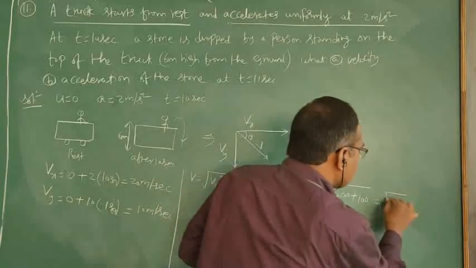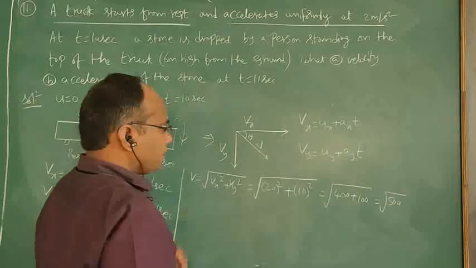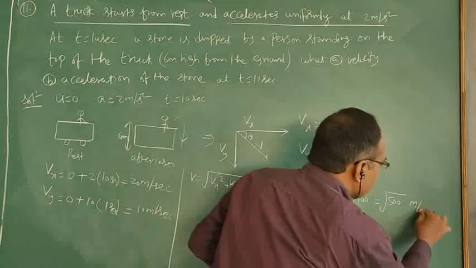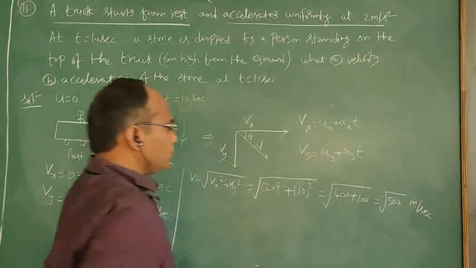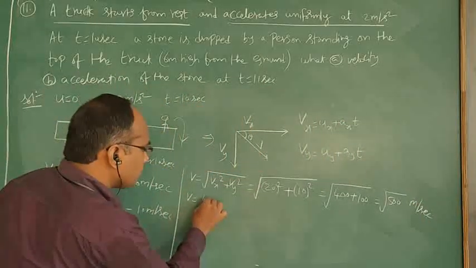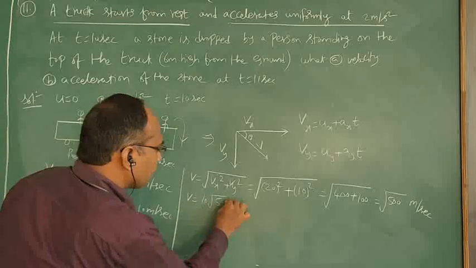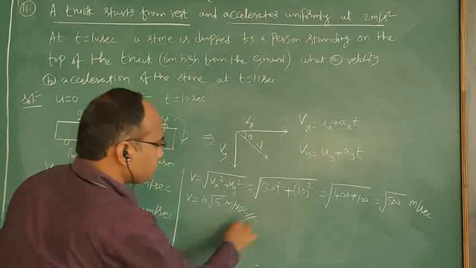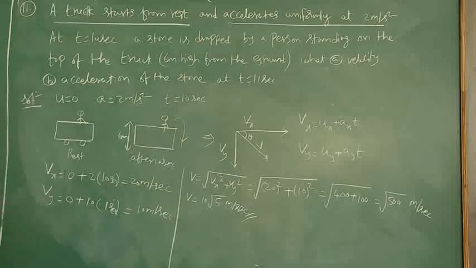Therefore the answer is root of 500, meter per second. So in other words, we can write it as 10 root 5 meter per second.